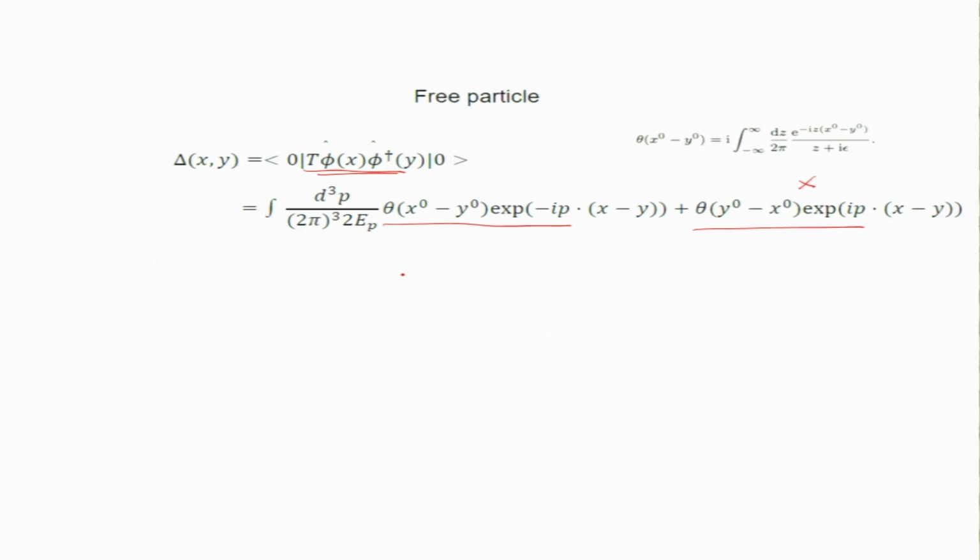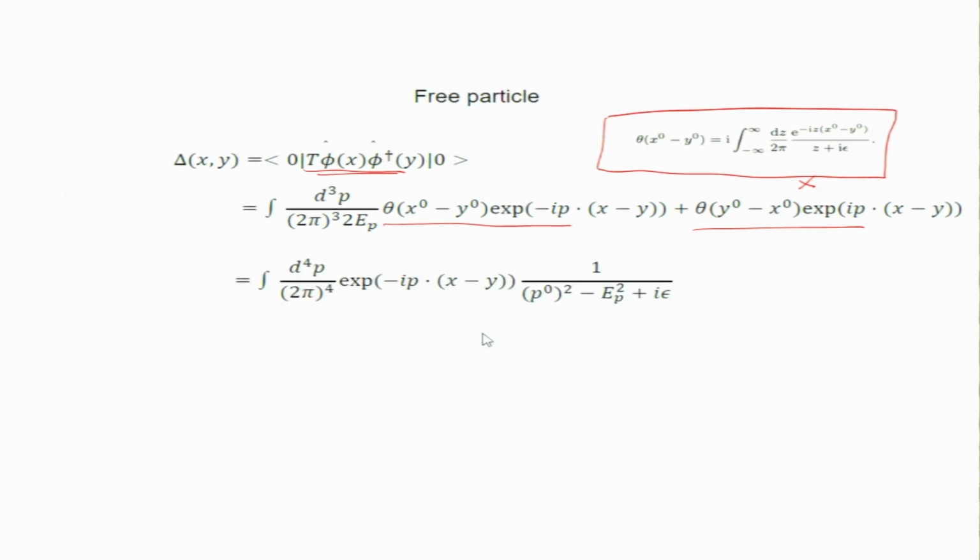Okay. Now, we can also write down the theta function like that using complex variables. Okay. If you substitute it there, and do the algebra, which I will skip, we get it like that. Okay. So, this is coming from the theta function.